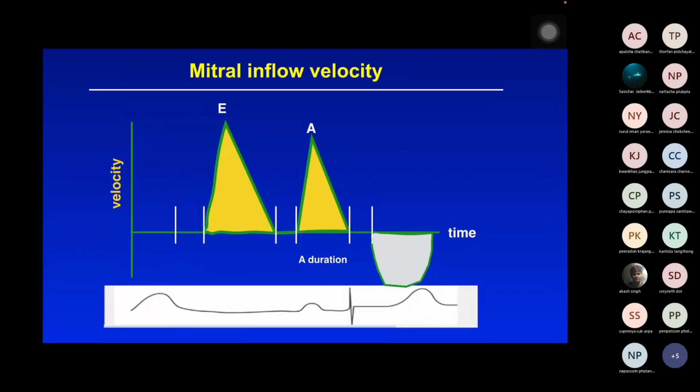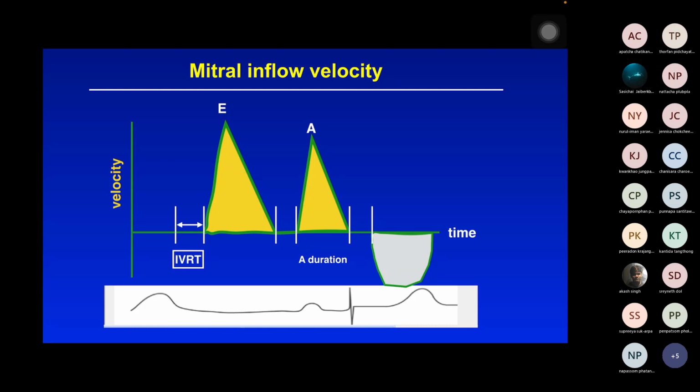Okay, you see this one, and you look at the ECG as the reference. This one is the end of the T wave. It starts the first phase. What is this phase? It's called the IVRT. It's the isovolumetric relaxation.